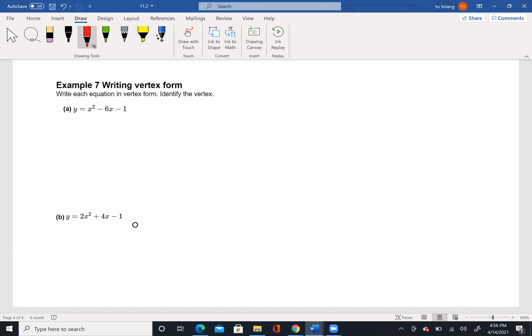So in this problem, you list out b, what is that equal to? Negative 6, right? Then b over 2 is negative 3, and b over 2 squared is negative 3 squared, which equals 9.